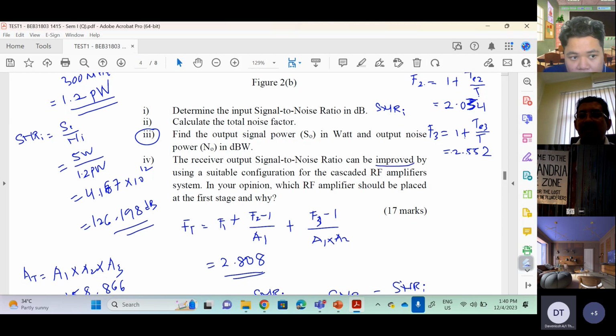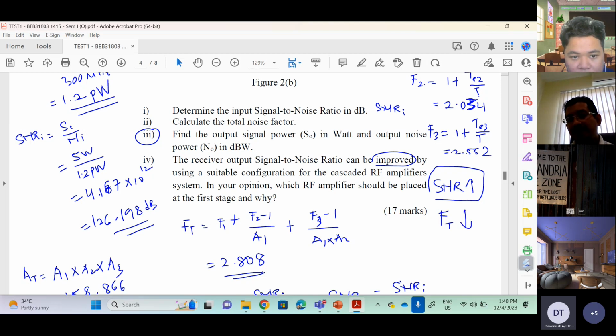Maksud improve di sini, how can we do the arrangement of the amplifiers so that we can improve in terms of SNR? We want to achieve a better SNR. How to do that? That means we need to make sure that the F total would be less. Macam mana nak buat ni?